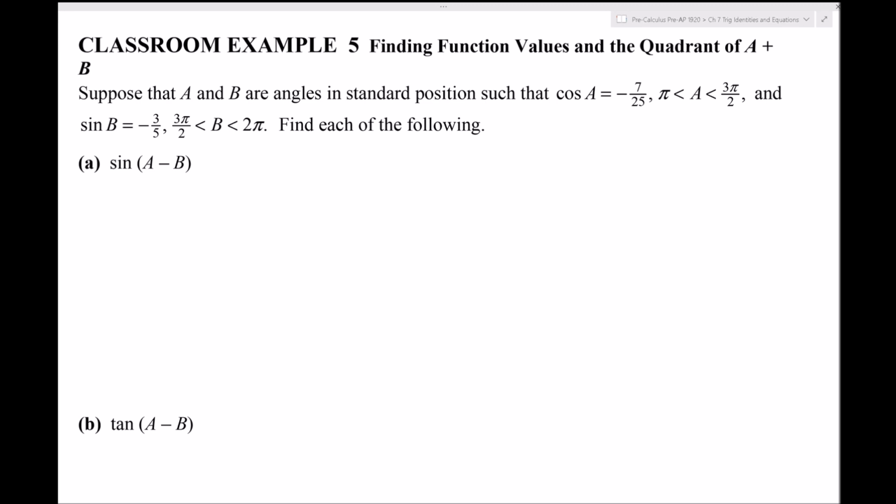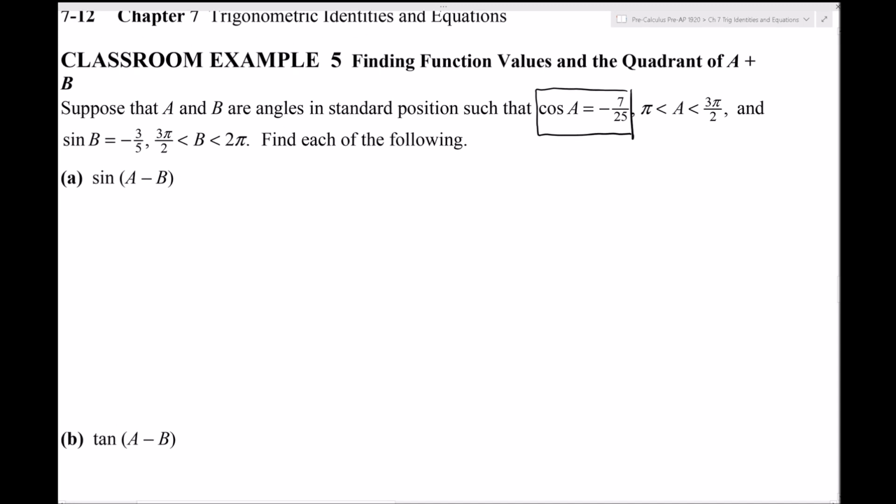So then example 5 starts with, suppose angles A and B are written in standard position such that cosine A is, that's important, cosine A is -7/25. And then they're also saying pi is less than A is less than 3 pi over 2. We said this in class earlier. This is just a fancy way to say that A is found inside quadrant 3, because it's between pi and 3 pi over 2.